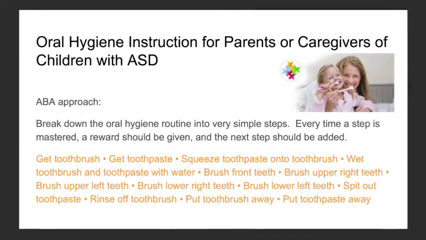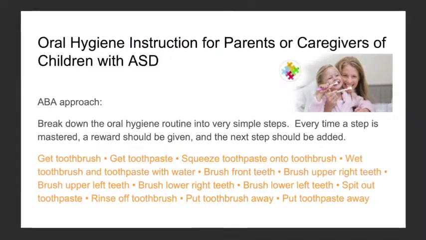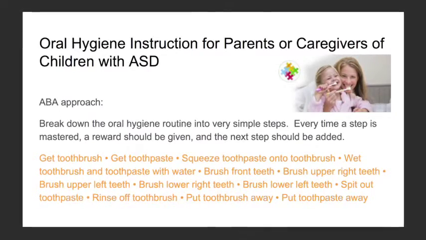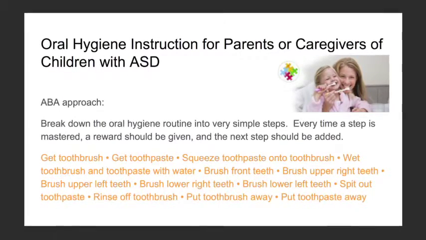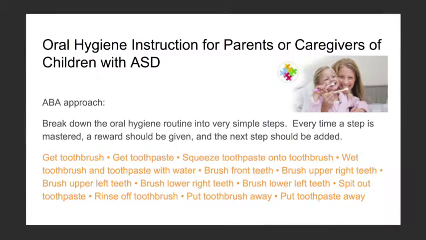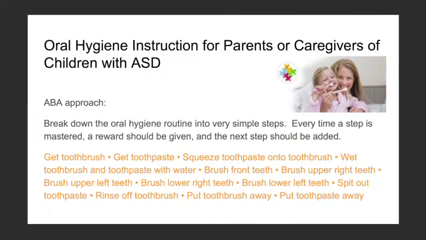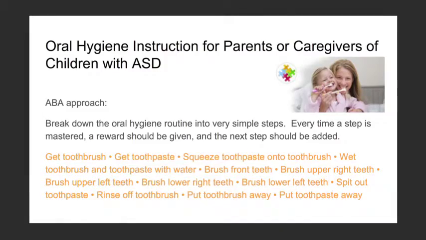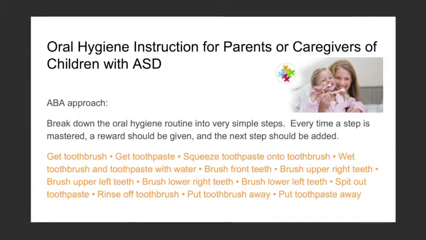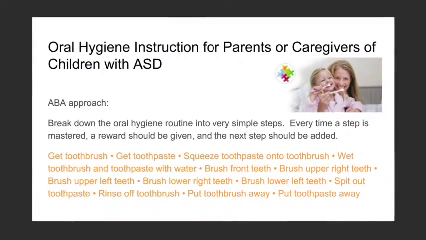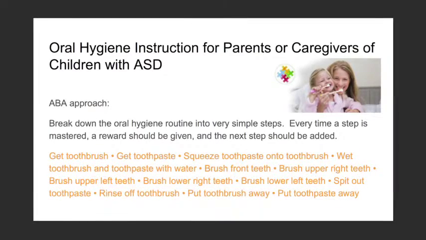Every time a step is mastered, a reward should be given and the next step should be added to build onto the next. An example of how simplified you should go with the steps include get toothbrush, get toothpaste, squeeze toothpaste onto toothbrush. Extremely simplified.